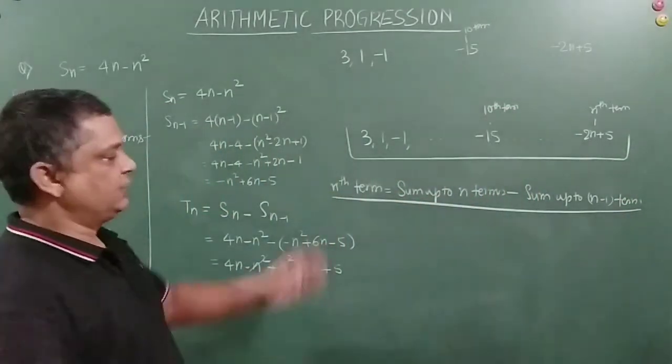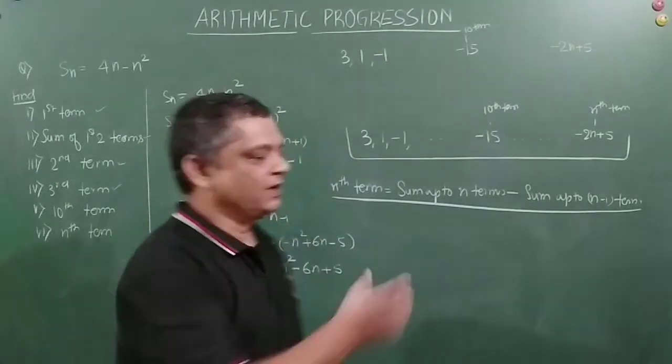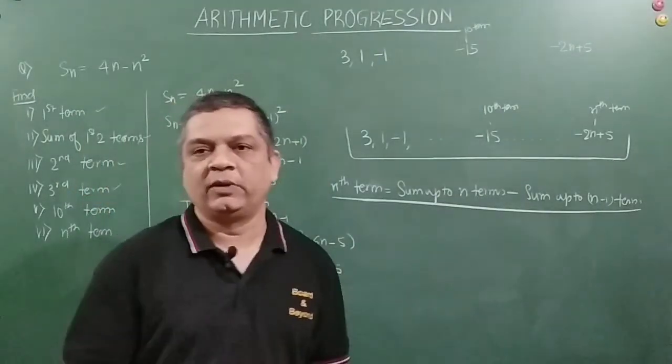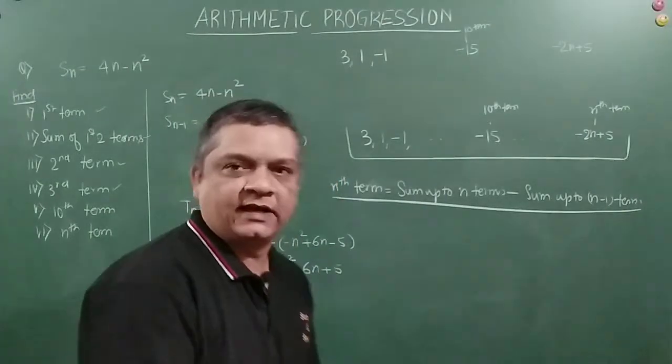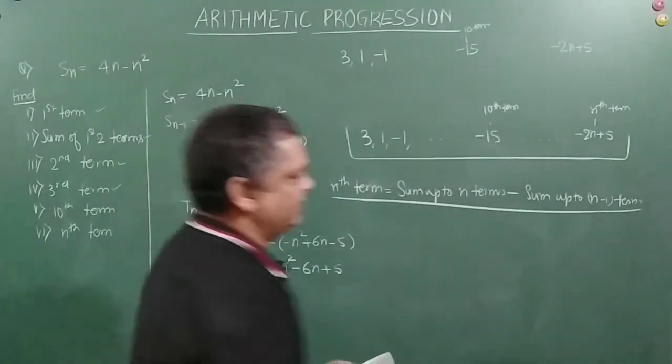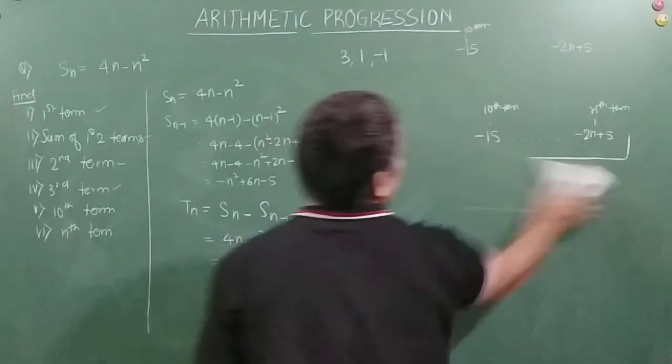This is what is basically to be understood. Okay, once you understand this, you will be able to solve this kind of problem. Right, friends? So let's move forward and take at least one more problem. Right? Please hold on your patience.